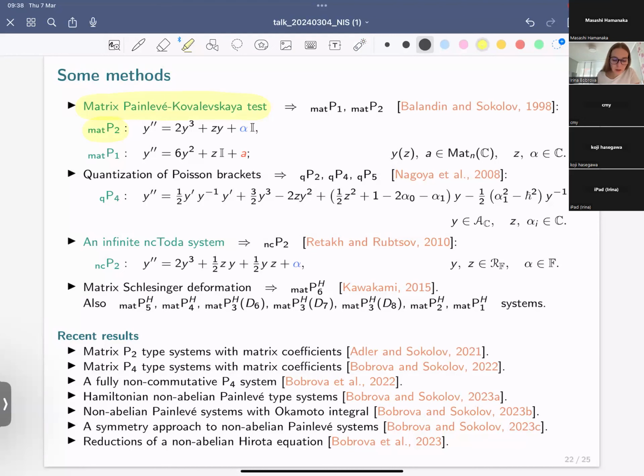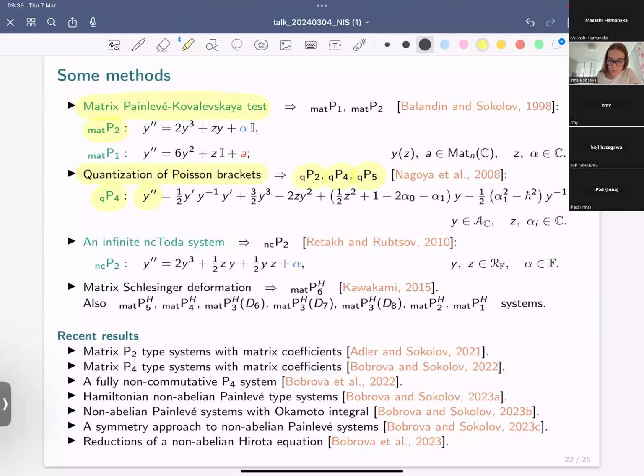Another method is related to a quantization of Poisson brackets for the Painlevé equations. And as a result, we know about quantum Painlevé-2 equation, quantum Painlevé-4, and quantum Painlevé-5. For instance, quantum Painlevé-4 equation is given by this huge relation.